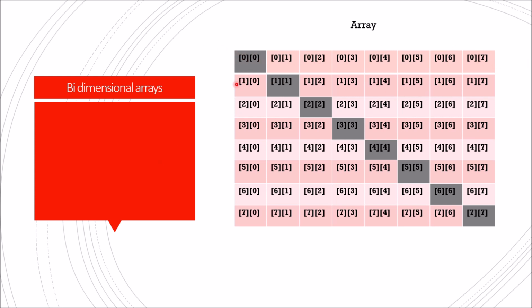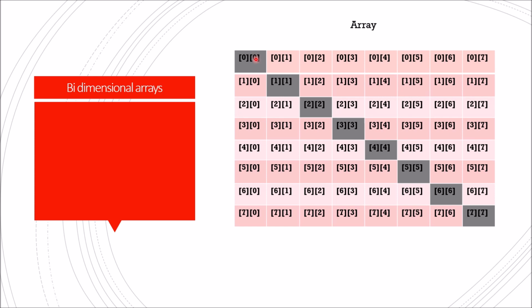The second row continues with the number 1, and then it will continue incremented by 1: 2, 3, 4, 5, 6, up to 7, okay? So the first index in the brackets is for the row, the number of the row in this bidimensional array.